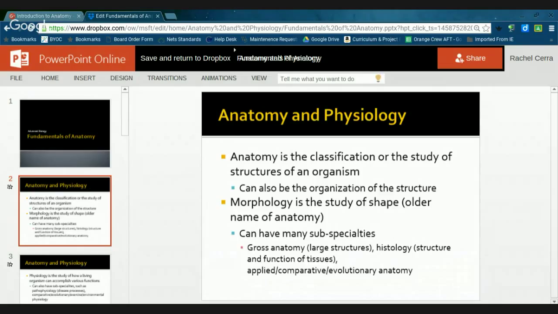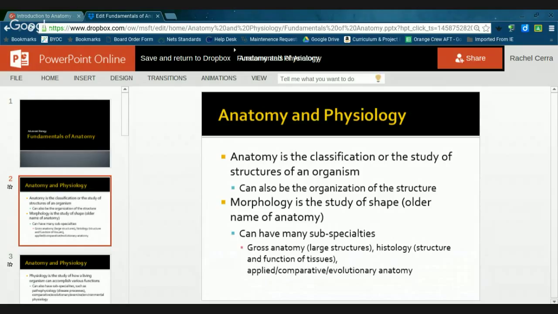You can have a lot of different subspecialties underneath anatomy depending on what you're studying. I know for some people that are going to do conservation or are going to be more involved in the animal side, they have to take more specific anatomy classes. Gross anatomy is going to be talking about larger structures.